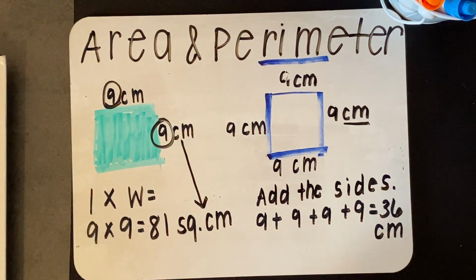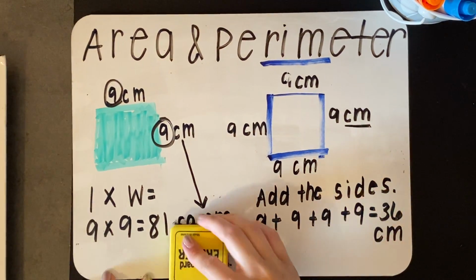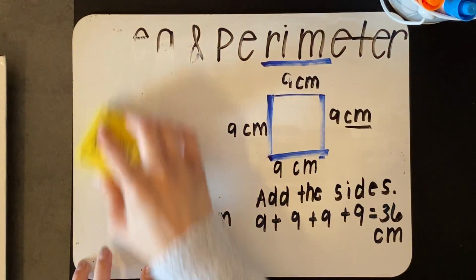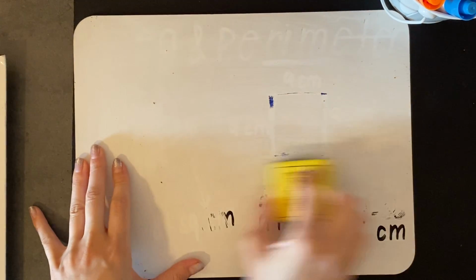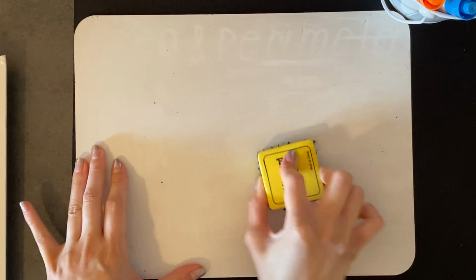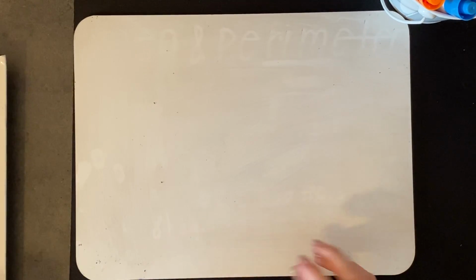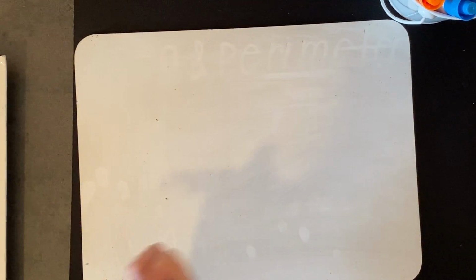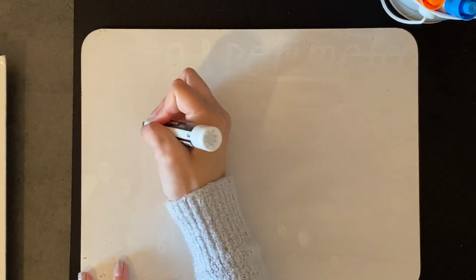In 4th grade, what we're going to be asking you to do is to find a missing side, or to find the area and perimeter using a missing side length. So an example might look something like this.